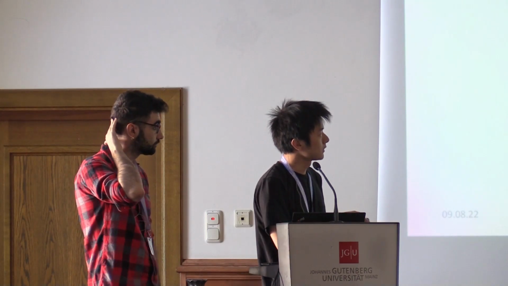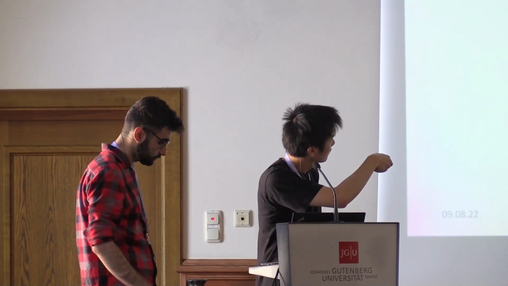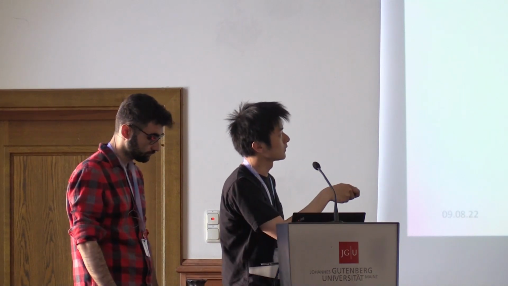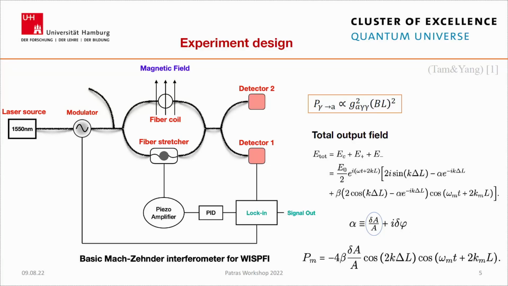Then you can see our total output field, in total with carrier and two sidebands, which is very important for our readout signal. This alpha term shows the amplitude reduction and also a phase shift via the photon-axion conversion in this B field.